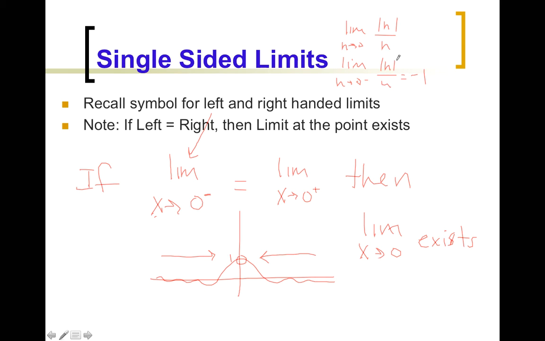We're looking at negative h values. But if we look at the limit as h approaches 0 from the right, we get a +1. And because those two things are not equal, we would say this does not exist, because you can't have two different limits.